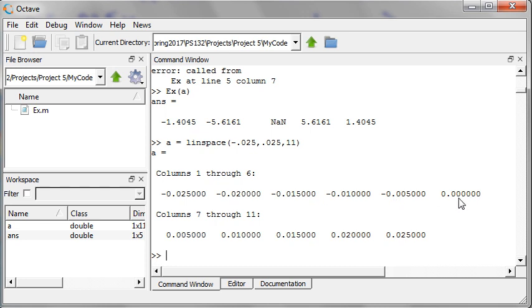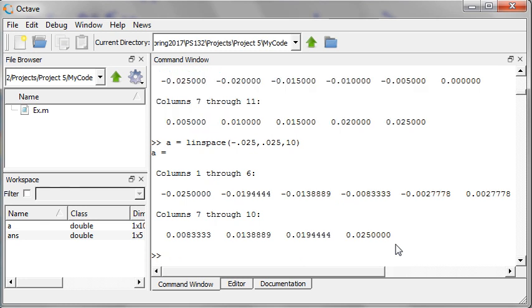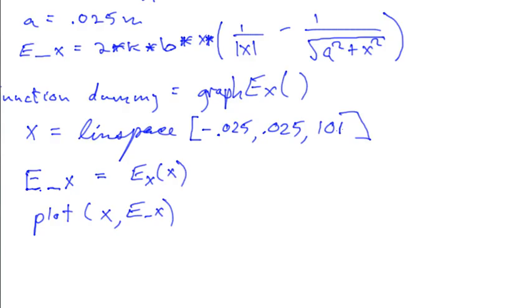And it includes exactly 0. Whereas if I pick 10 values, it goes from minus 0.02 something to plus 0.02 something, so it straddles the 0, and I won't run into that not a number thing. So I'm going to use 100 there instead of 101. I think I'll go ahead and adjust that.